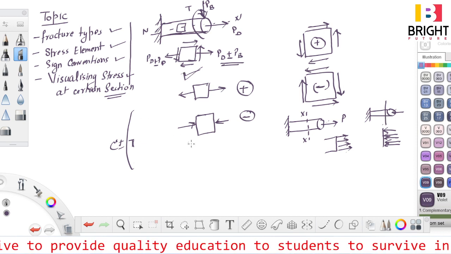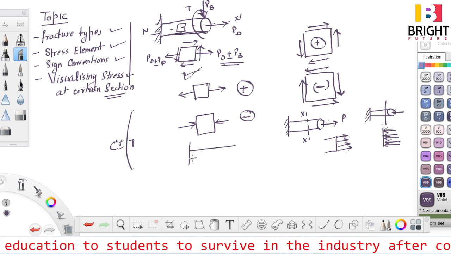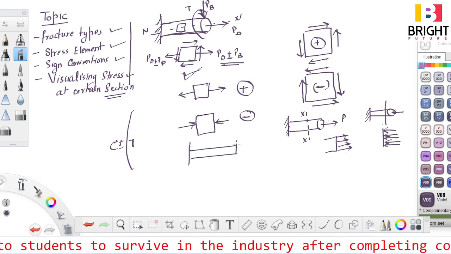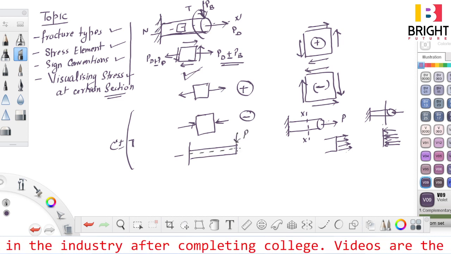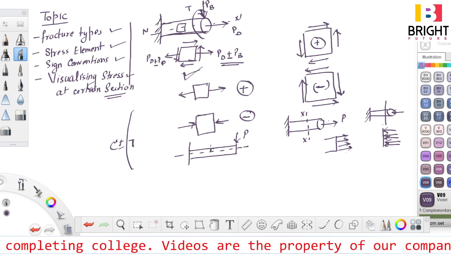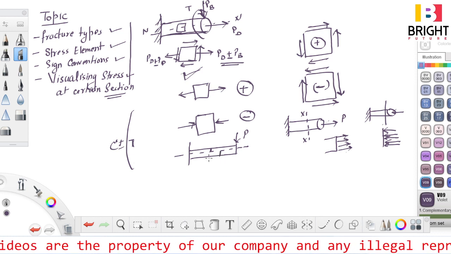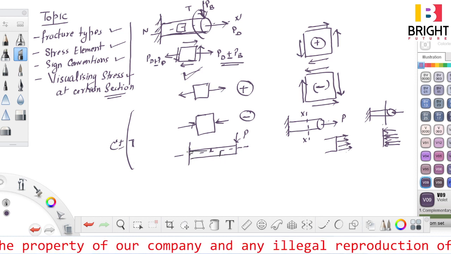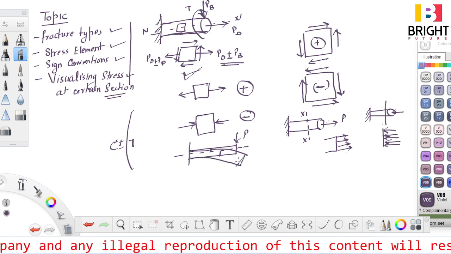Now in case of bending, let this be a beam and I applied a load P over here. Now this one is the neutral axis. Now what will happen, above this there will be tension and in the lower fibers there will be compression, because after bending the material will bend like this, right?